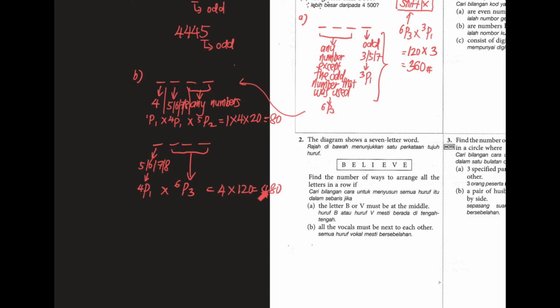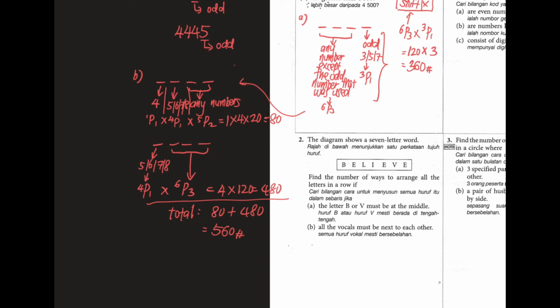So all together we have 80 plus 480, which is 560 ways to arrange the numbers so that it is greater than 4,500. So it seems like this is more complicated. So exam question will be like this, around this.